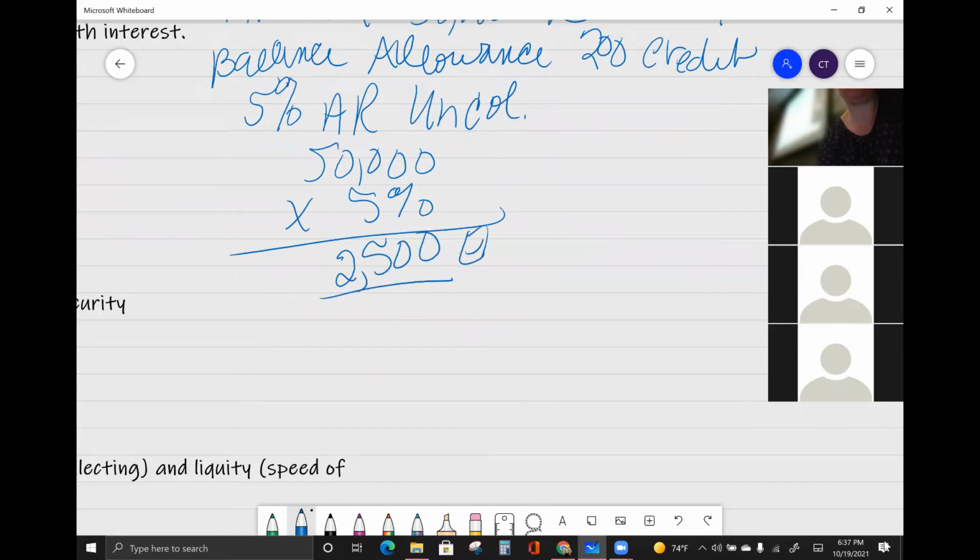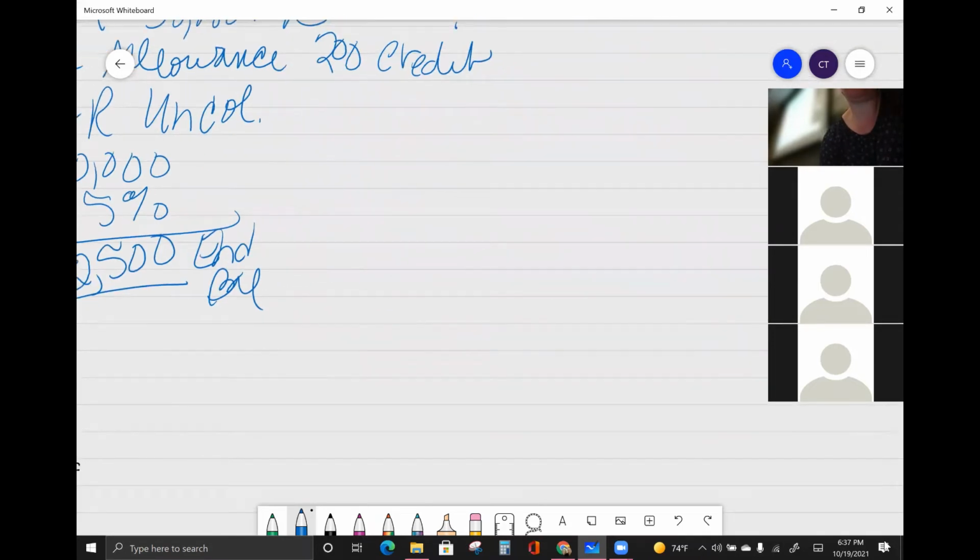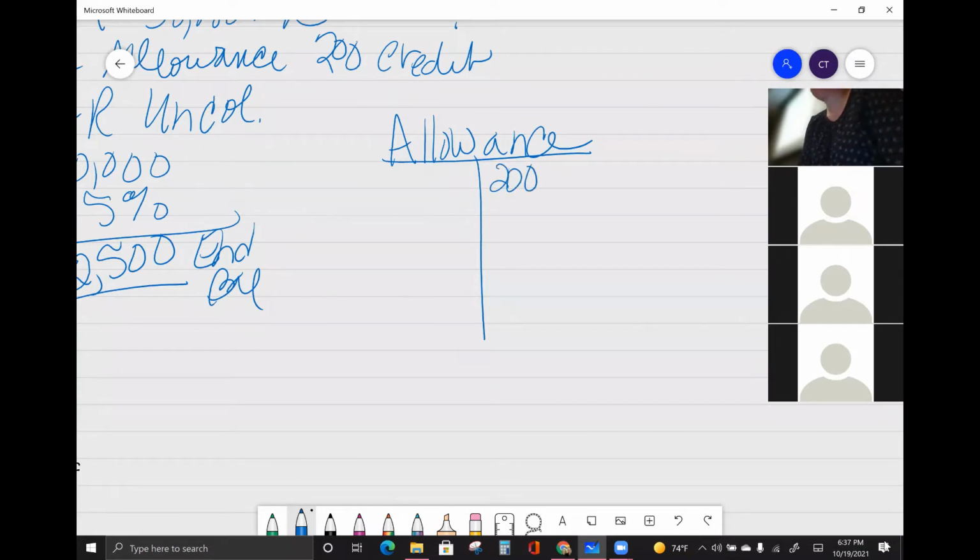This is what we want our ending balance to be. So here's our allowance account. What is the balance in the account? It gave it to us, $200 credit. So here's my beginning balance, $200 credit. So when I do my adjustment, am I doing the full 2,500?